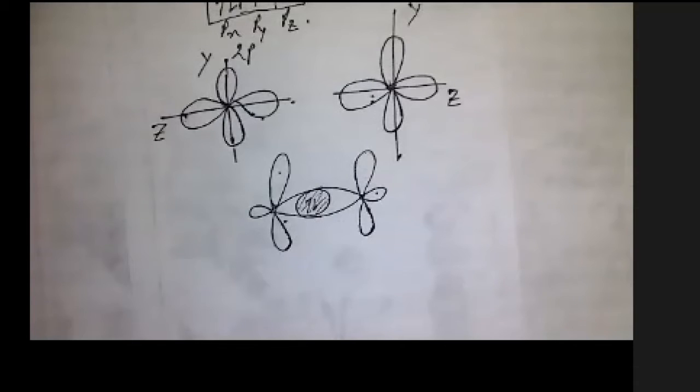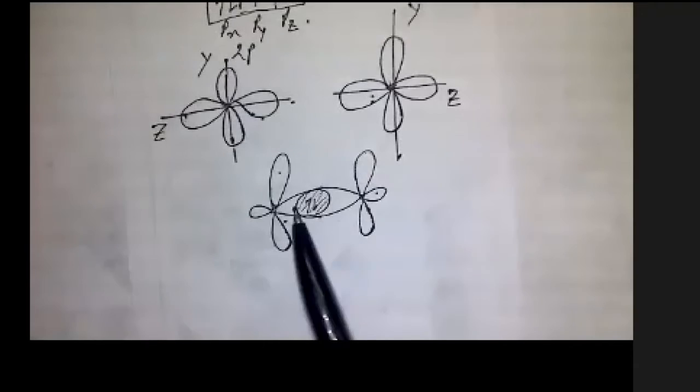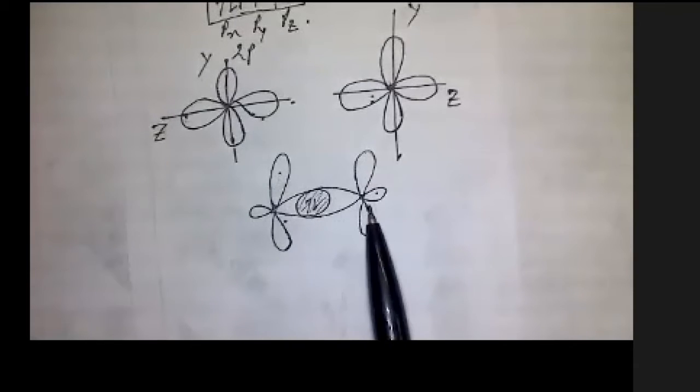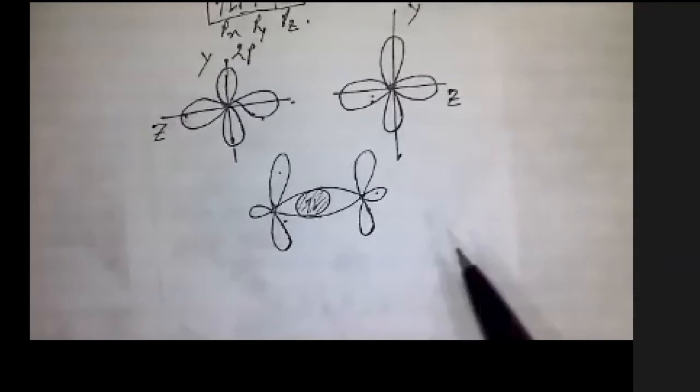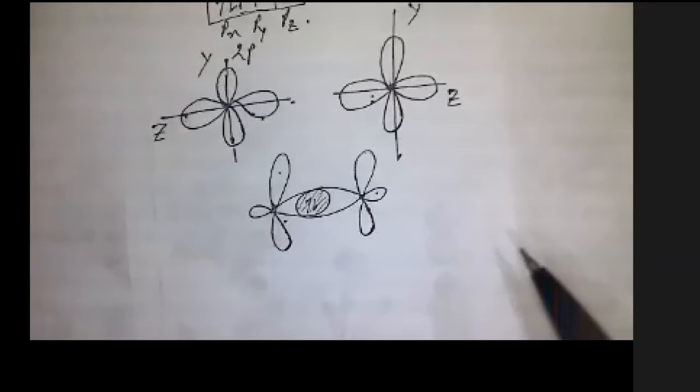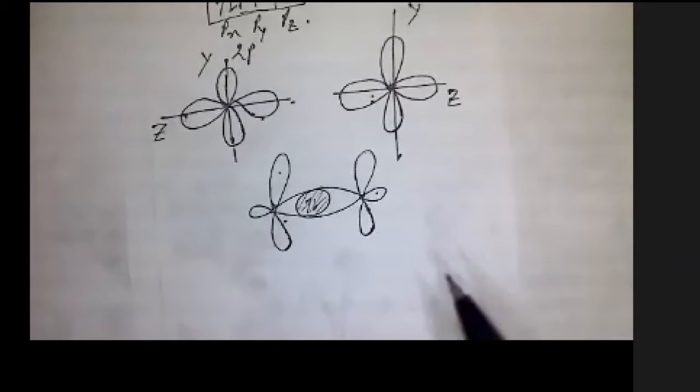They cannot move now. Once Pz has overlapped, these two cannot change their position now. Since they cannot change the position, they will overlap in this manner only. The position cannot be changed.